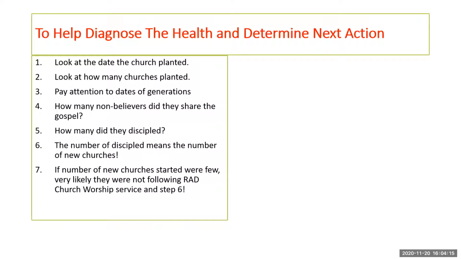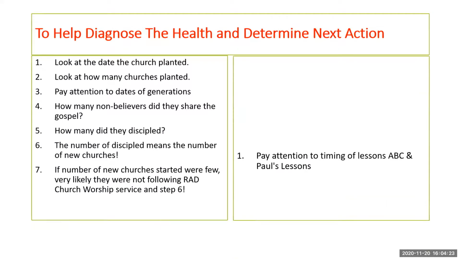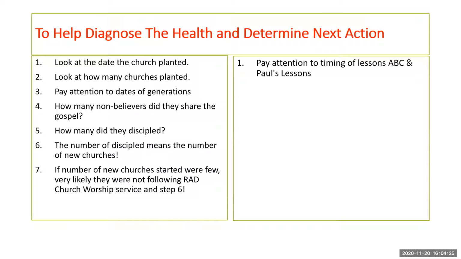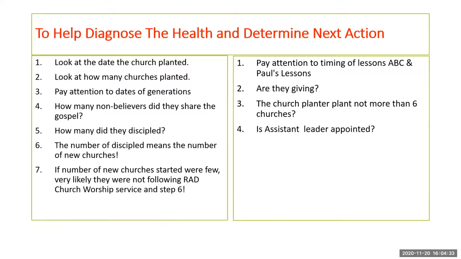If the number of new churches started is few, very likely they were not following the RAD church worship service. And step 6, pay attention to the timing of lesson ABC and Paul lessons, when they started, when they were completed. Are they giving? The church planter cannot plant more than 6 churches because there are only 7 days in a week.